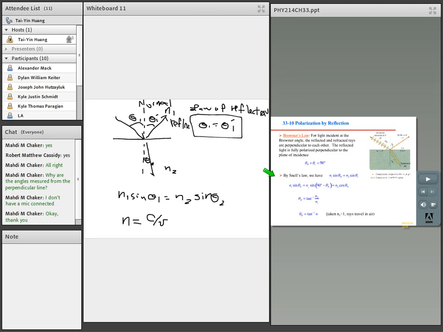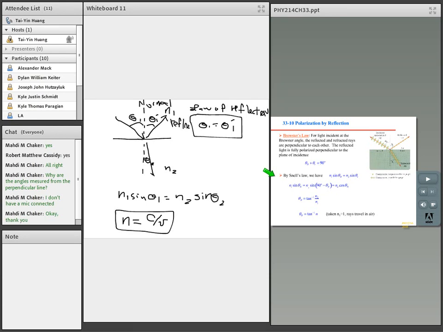This is the definition of index of refraction. As we mentioned earlier, the speed of light in air is different from the speed of light in glass or in water. So how do we quantify the index of refraction? It is based on this equation. If you measure the speed of light and find the ratio, then you can find the index of refraction.